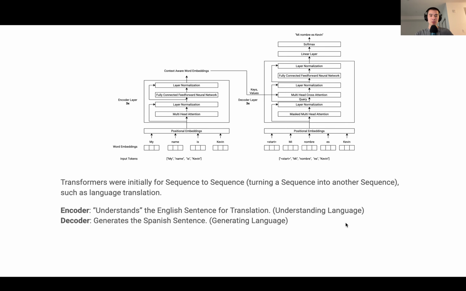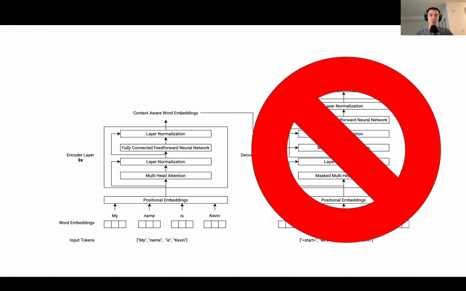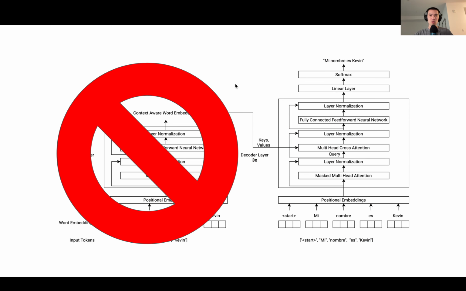So at its core, a decoder is for generating language. However, the point of this video is that you can use the transformer's encoder or decoder without using the other. So we could just use the transformer encoder by itself, or maybe you want to use the transformer decoder by itself.